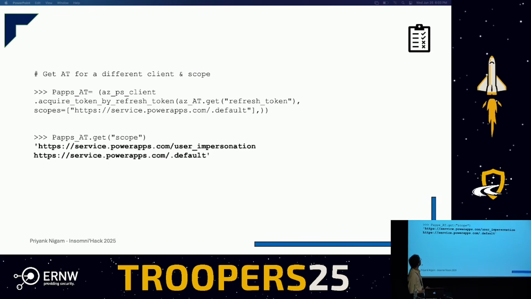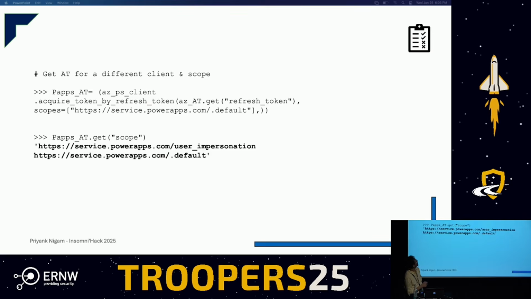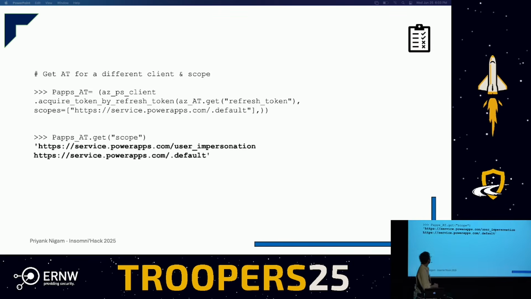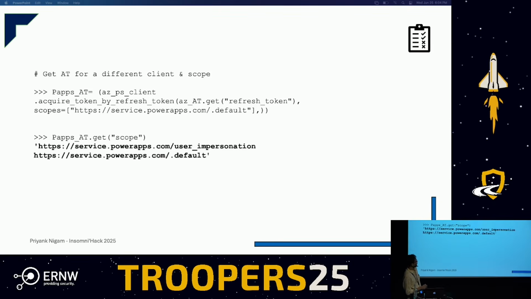And so the issue here is, once you have that, you could get an access token for a different client and scope as well. Remember, we got that for Azure PowerShell, but using that refresh token, if we request a scope for service.powerapps.com, which is basically the API for interacting with the Power Apps service and Power Platform, you see that is very successful, because now you could interact with the Power API using that impersonation token.